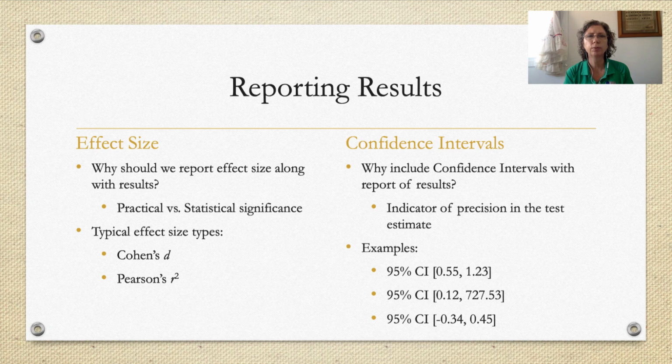So one way we quantify that is with effect size. Our typical effect sizes, we use Cohen's d for looking at effect size for between groups, so for your t-tests. And we use the coefficient of determination, or the Pearson's R squared, for our effect size for correlations.